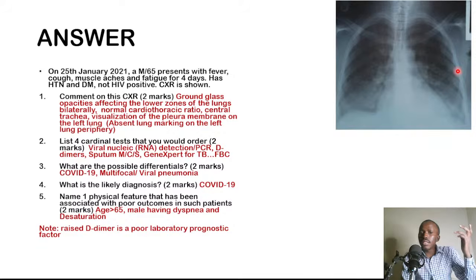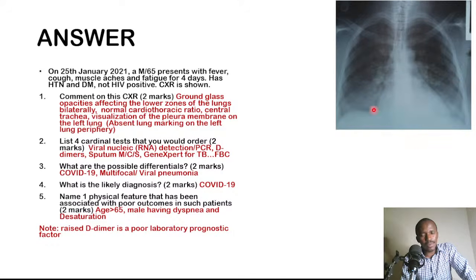Then, of course, you would want to do your viral nucleic acid detection, or your PCR, your D-dimers, your sputum microscopy, culture and sensitivity, GeneXpert for TB, and then if you're one of those people who like forcing things, full blood count.